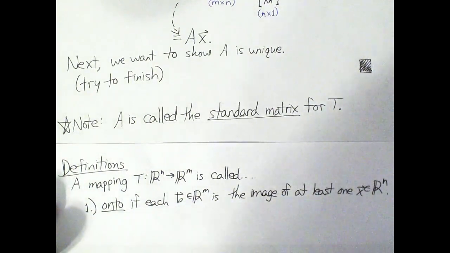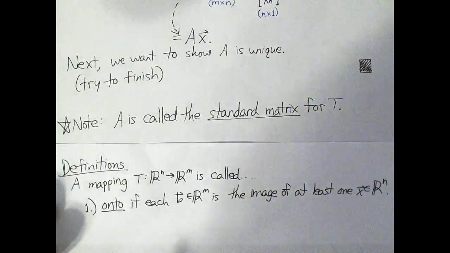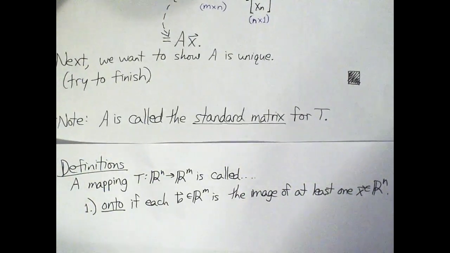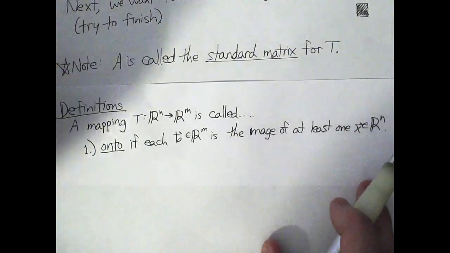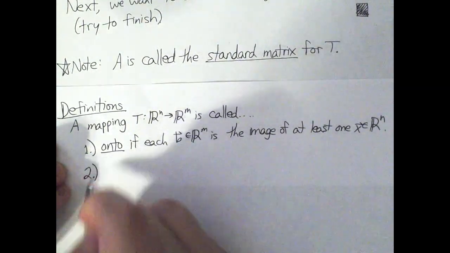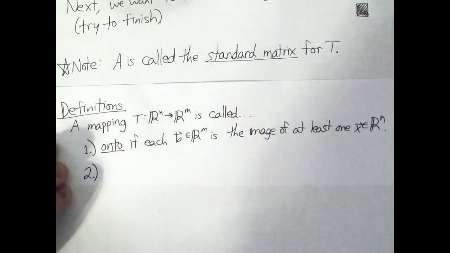So every vector in the codomain is the image of at least one vector in the domain. That's what it means to be onto. It's like everything in the codomain is mapped to. Everything in the codomain is the image of something.